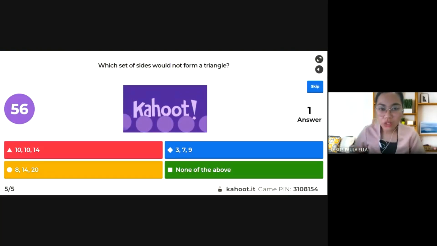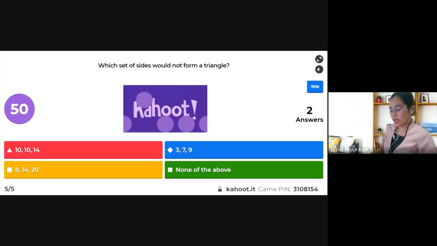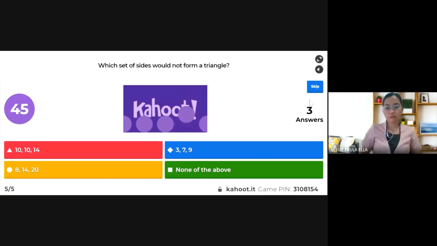Which set of sides would not form a triangle? Try to add the sides and let's see. Two more answers, one more answer.